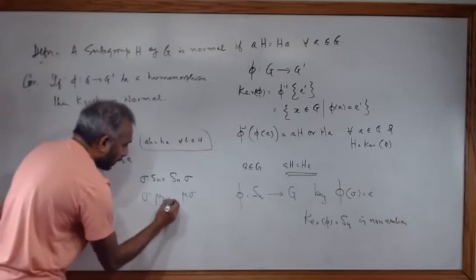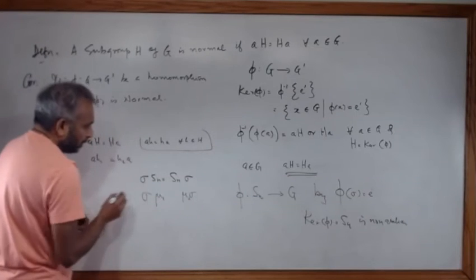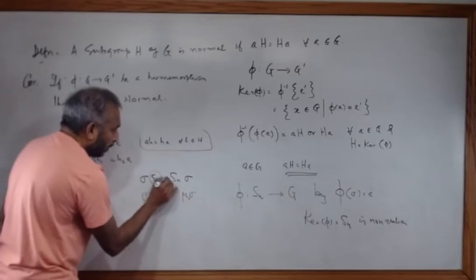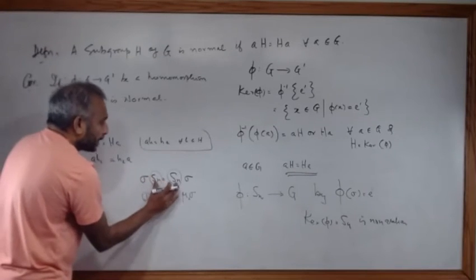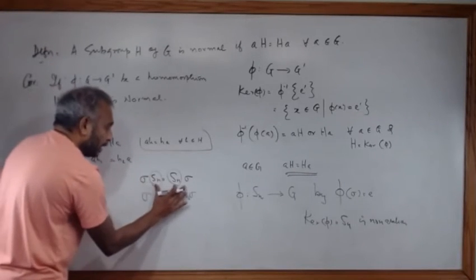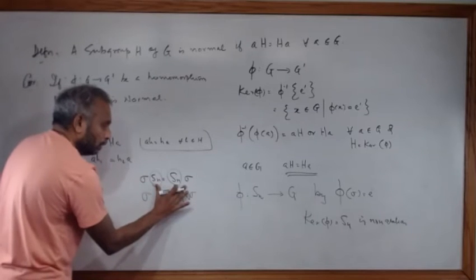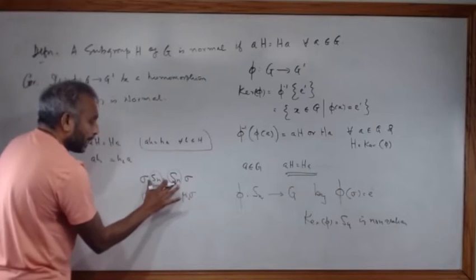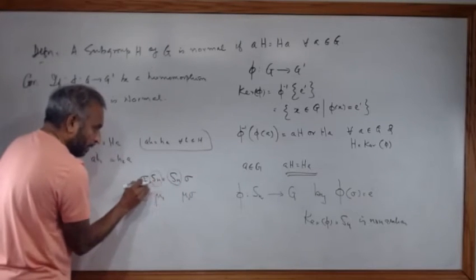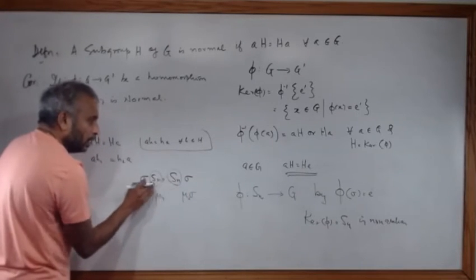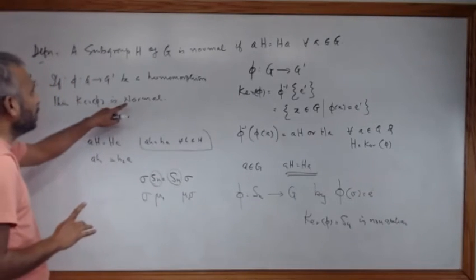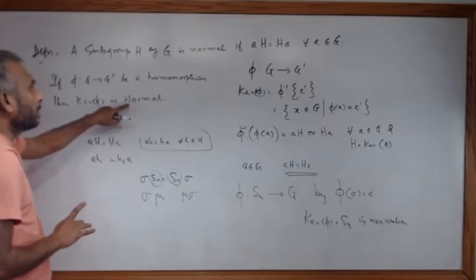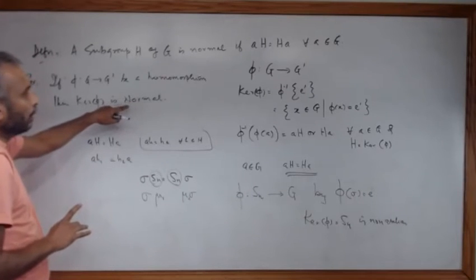So this will be mu1 and this will be mu2. This is a subgroup, not a single element. So as a group it commutes with the other elements of the group, but if you take an individual element, that may not be commutative. So that is the idea of normal. This is very important in constructing factor groups.